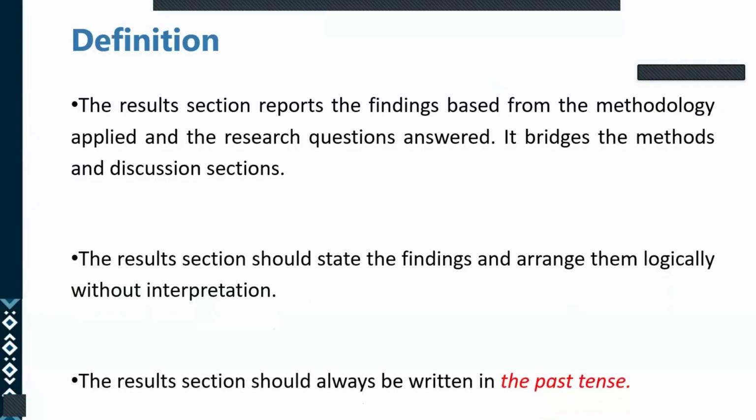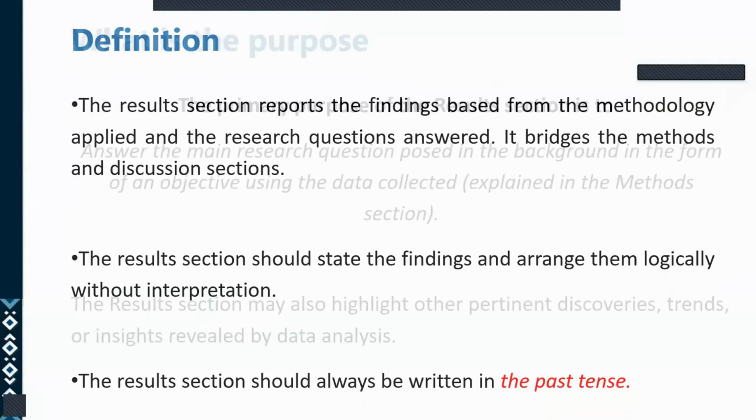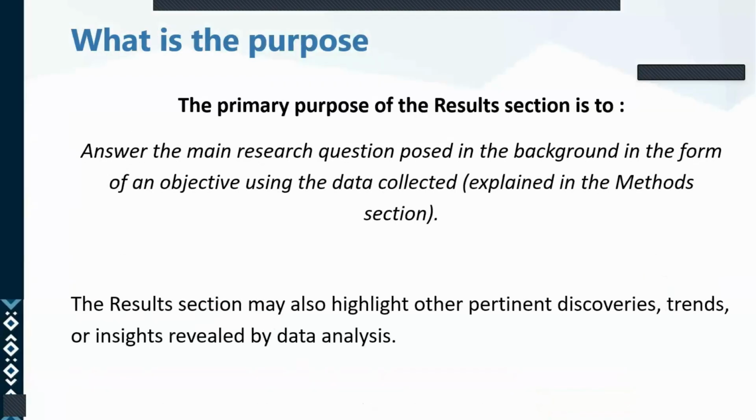So the results section also should be written in the past tense because it is something that has already been done. So you are just describing it. What is the purpose? The purpose of our results section is aligned with our goal we set at the beginning.